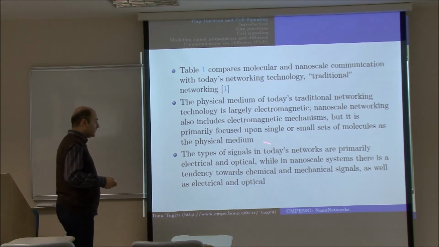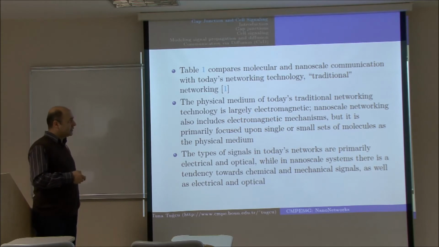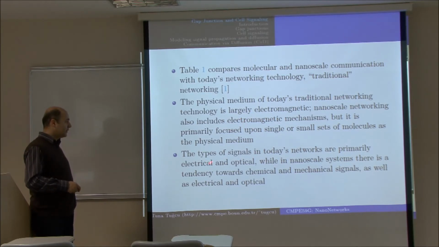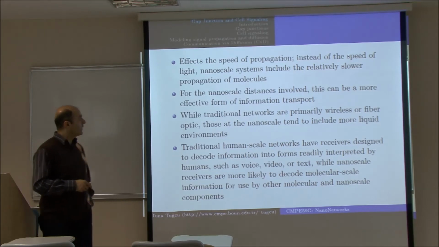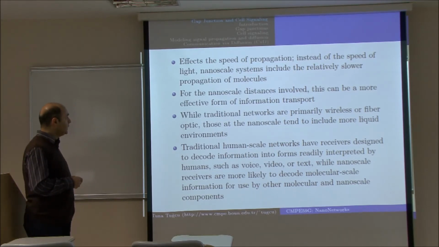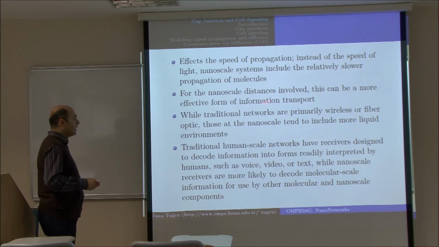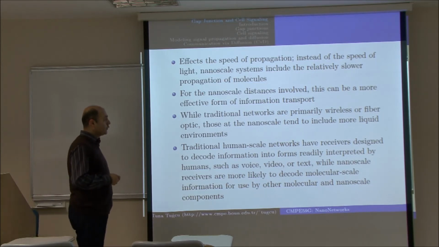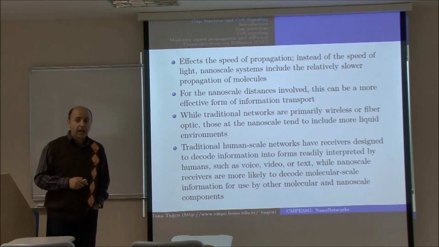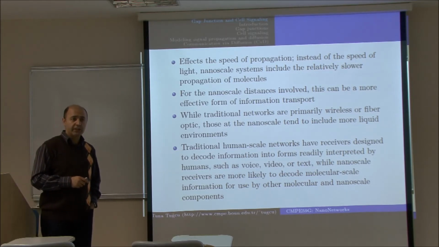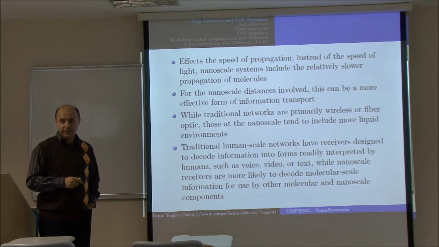Since we're using electromagnetic signals in traditional networks, we have either electrical or optical signals. That's not our case in nanoscale. We said the speed is different. The distances are very different. In nanoscale networking, we're talking about distances of hundreds of nanometers or several tens of micrometers, typically.